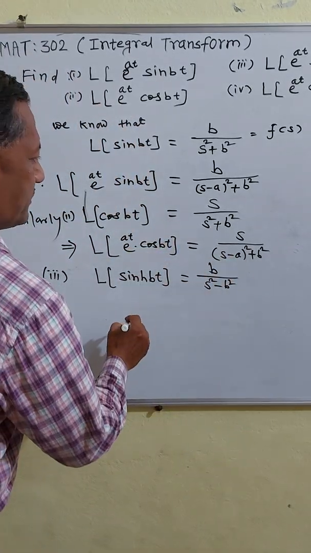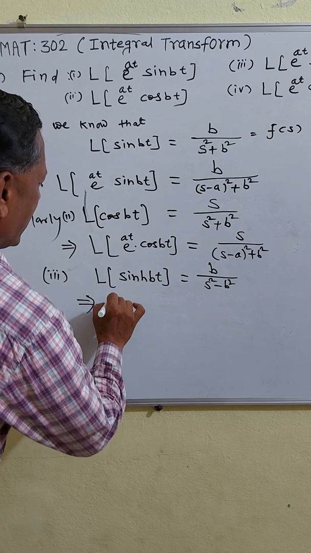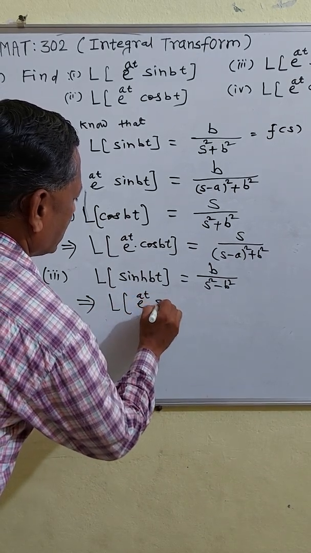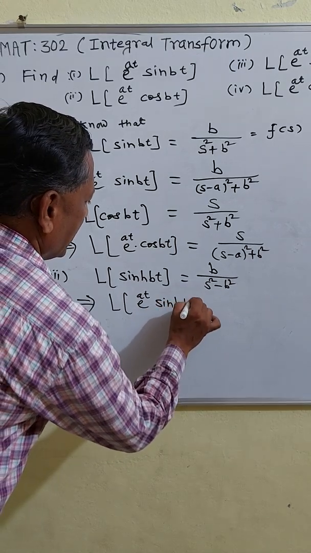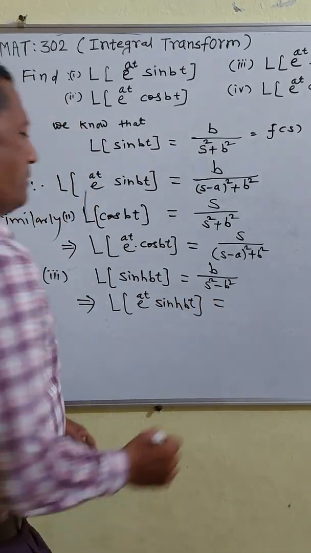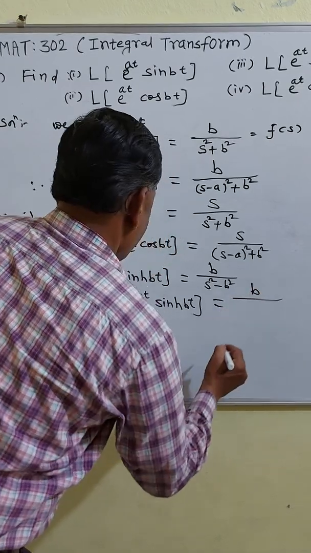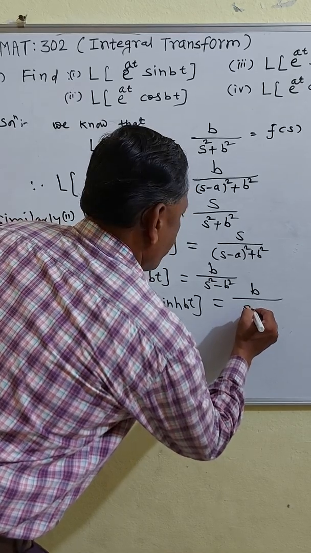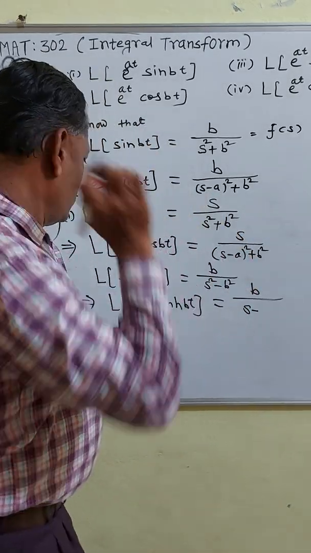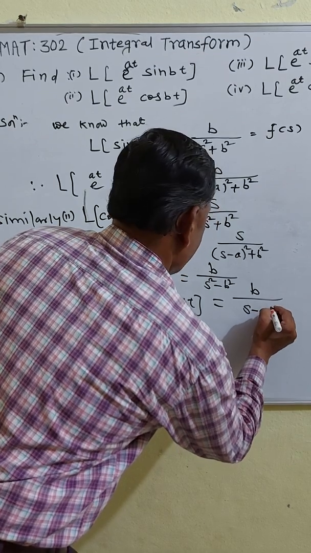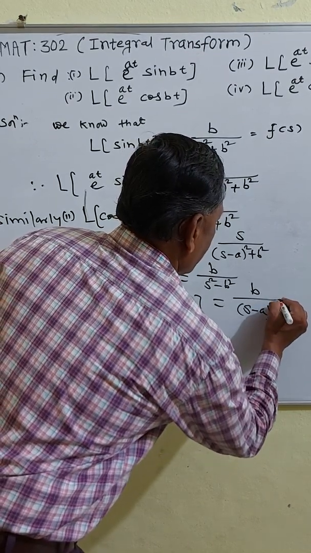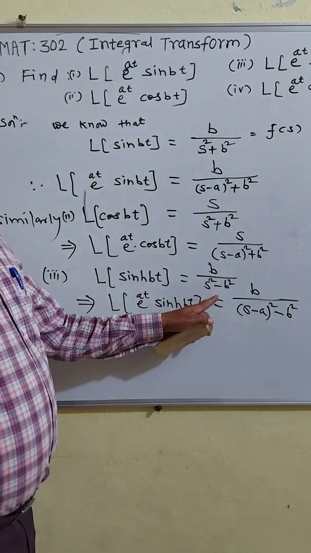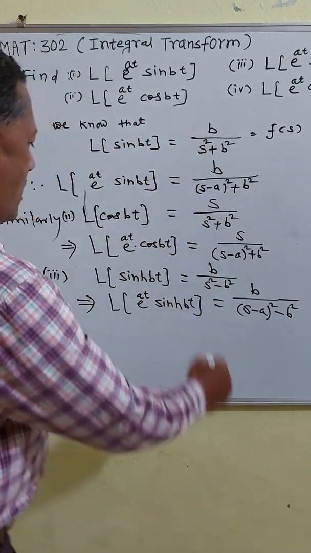Therefore, using the first shifting theorem, this can be written as Laplace transform of e raised to at into sin hbt is equal to b upon, s is replaced by s minus a, whole square, minus b square. In hyperbolic it is minus, in trigonometric it is plus.